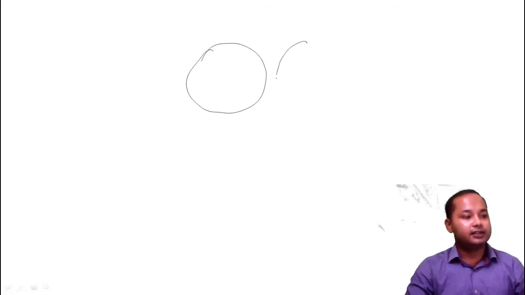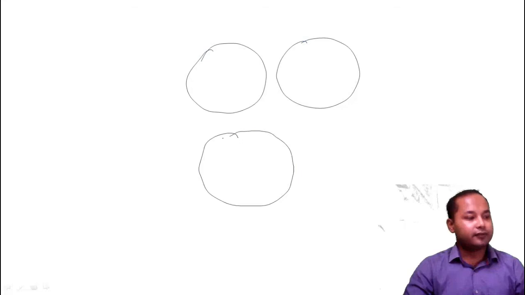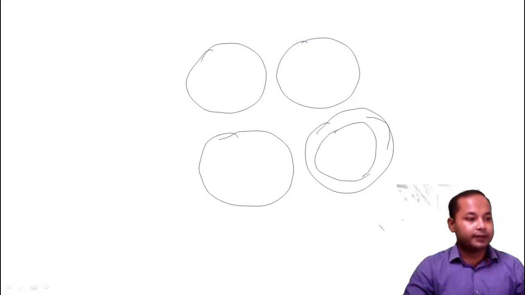On the whiteboard I want to tell you that these cells are forming rings, these kinds of rings, and inside the rings there is a formation of colloid. These rings are actually occupied by cuboidal to columnar cells.